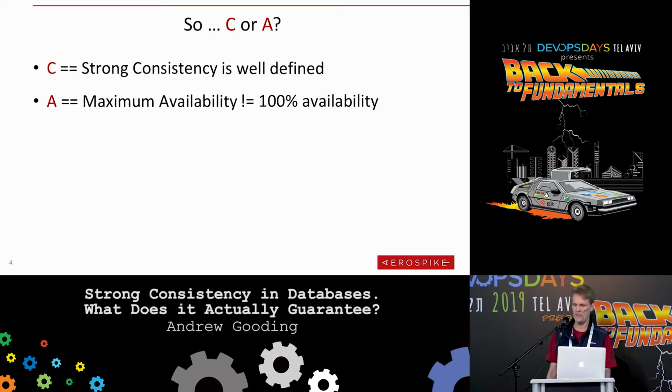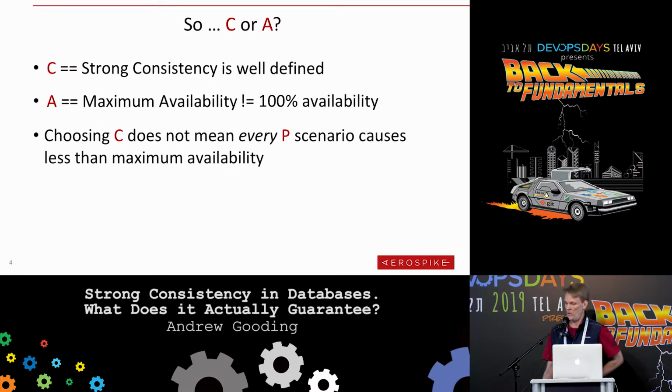Availability, no matter what you do, the sad news is that it can always go to 0 if someone blows your cluster up or all your clusters up, or the power goes out. You're going to end up with 0 availability, no matter how good your hardware and software is. So A is really maximum availability, and I'll tell you what I think that means also in a minute.